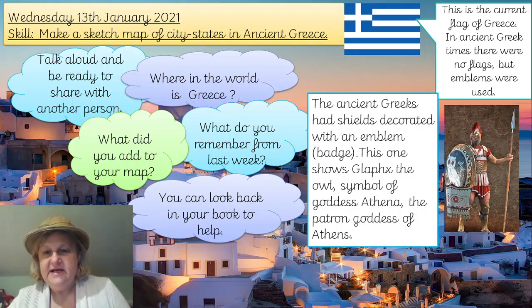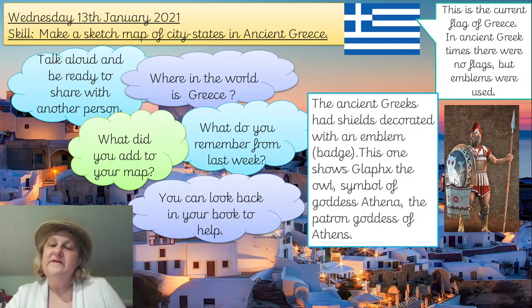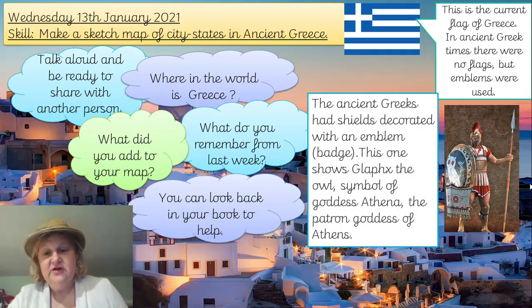Now this one here, this soldier here, shows an owl, and it's a symbol of one of the goddesses that's Mrs. Ludlow's favourite, and we've also come across her in one of our Greek myths, the goddess Athene or Athena, and she's the patron goddess of Athens.